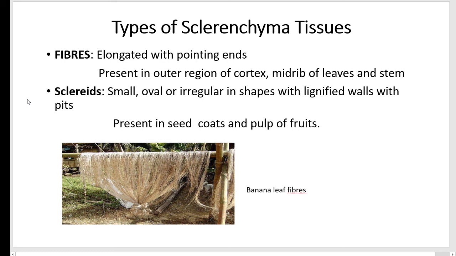These fibers can be used further in industry for various purposes. Sclereids are small, oval, irregular in shape with lignified walls with pits. Lignified means they are composed of lignin, and they are present in seed coat and pulp of fruits.